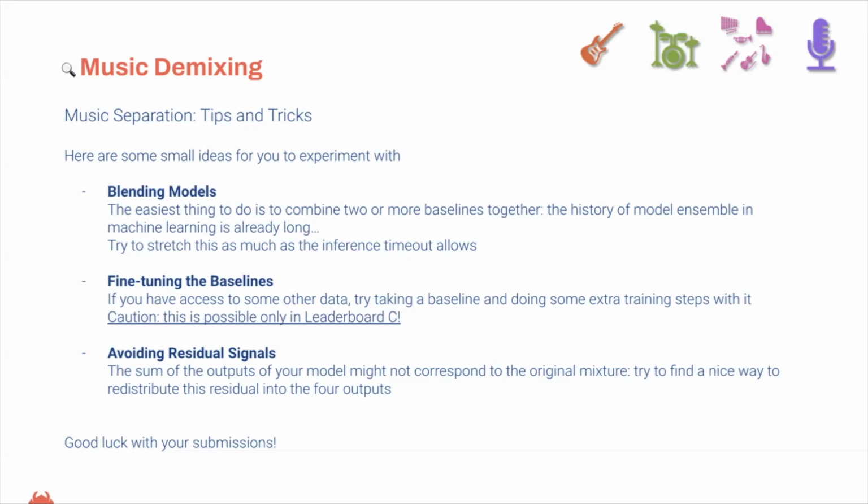So if your network forgets a portion of the signal, then that is definitely going to be considered a mistake. And therefore your SDR score will be penalized. So try to reuse this residual signal and assign it somehow to the various outputs, to the four outputs of your network, so as to minimize the chances that your network leaves something out of the mixture.